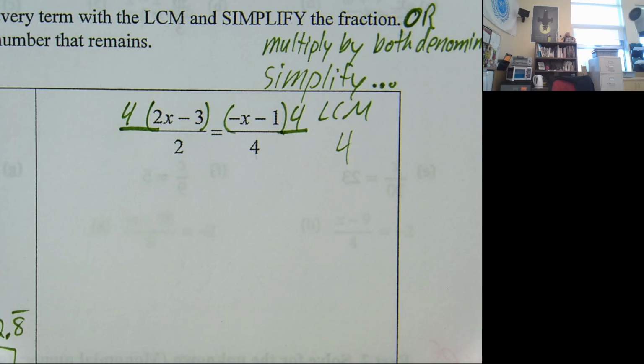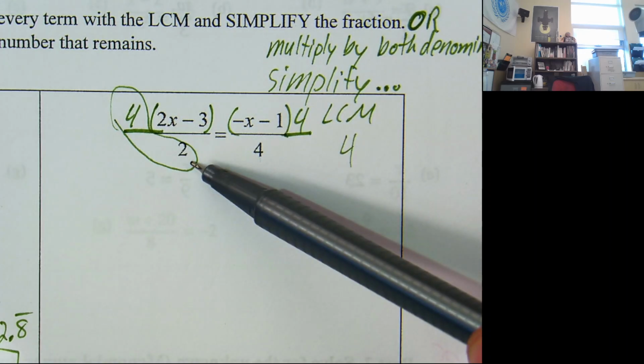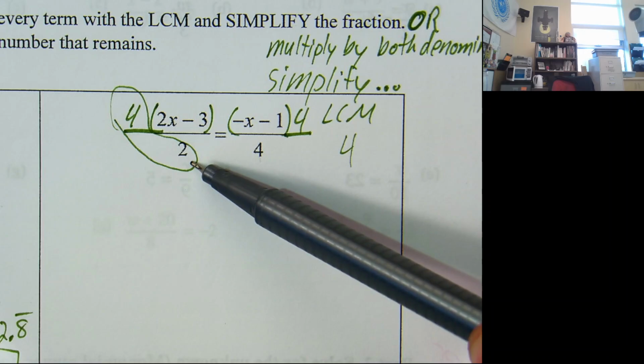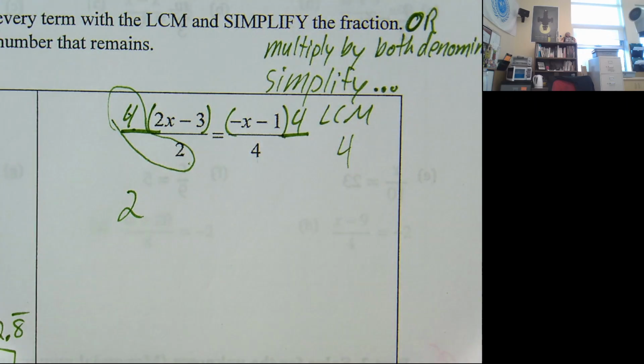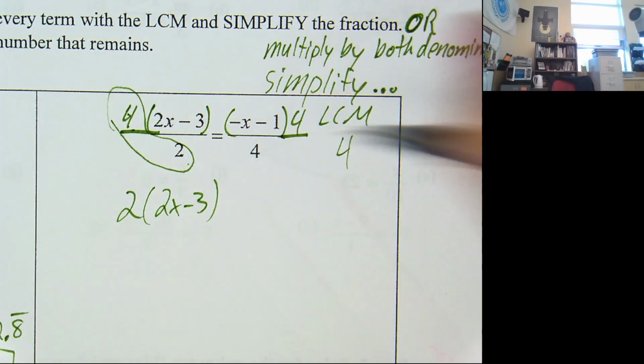Before we do any distribution, I'm going to make some simplifications here. So I'm multiplying both sides by 4. This is the piece I'm going to deal with first. What's 4 divided by 2? 2. So because 4 divided by 2 is 2, I'm going to simplify that piece there, and I still have the 2x minus 3 in brackets there.